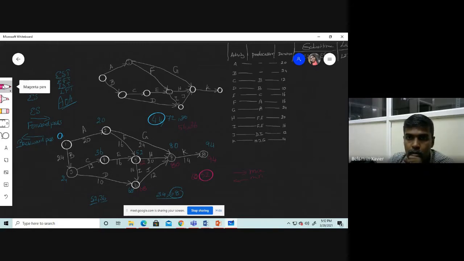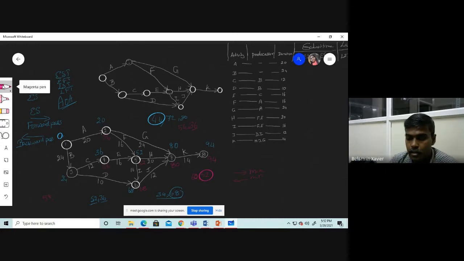So for F and G, 56 and 36 are there, so we have to choose the minimum value 36. So here we choose 36 as the latest finishing time. Then 52 minus 16, again here it will come 36. Then 68 minus 10, actually 58 will come.